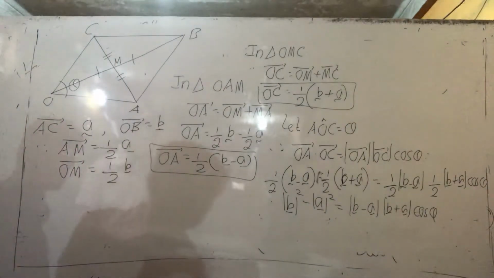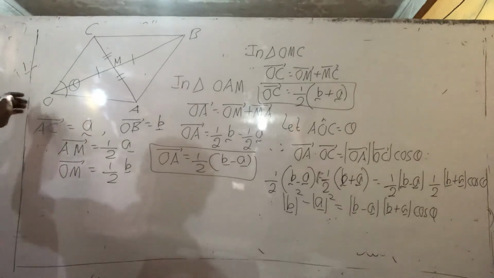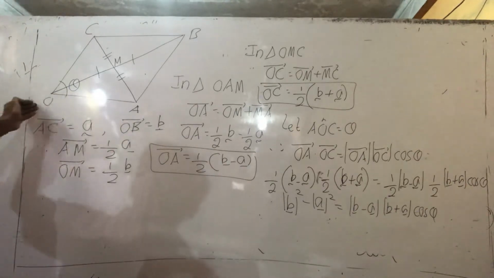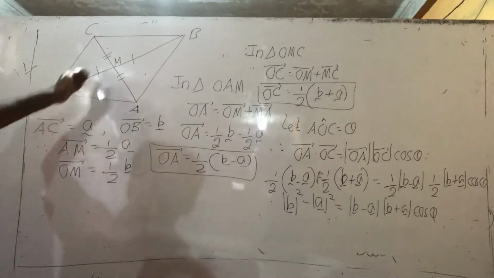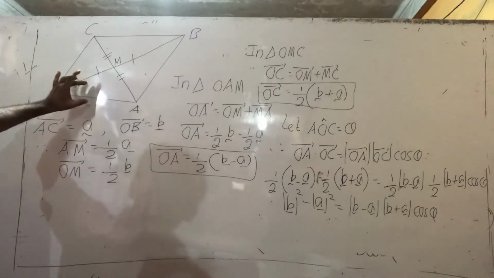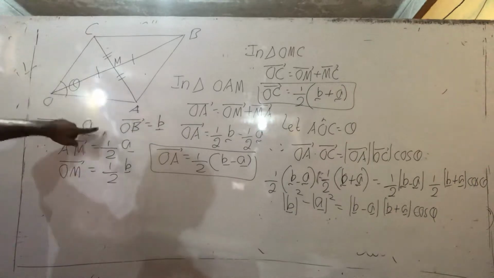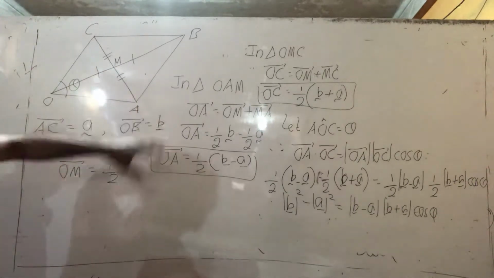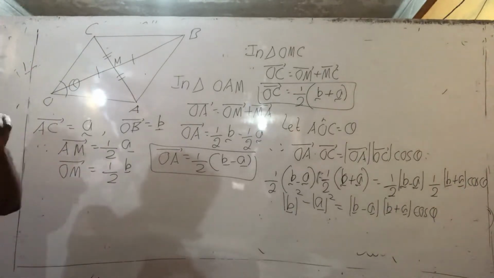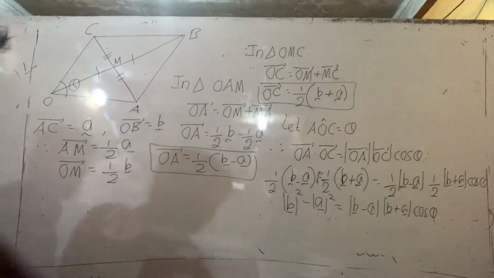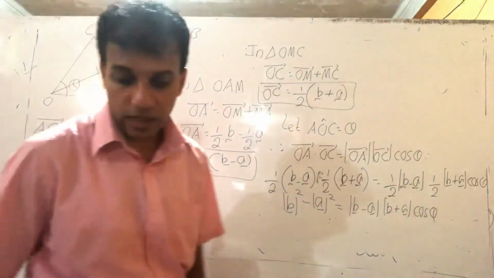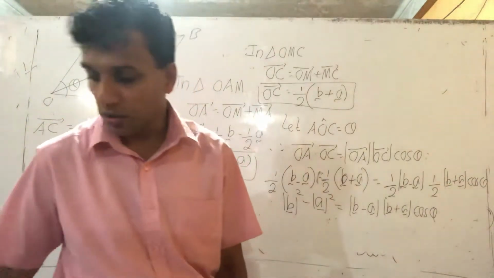Cos inverse, okay, that answer, right? Everything is okay. OA equal OM plus MA. OM is half B. MA, I said AC is the vector A. MA minus vector half A. Therefore, I took this A out and simplified. Make theta the subject. You have the answer cos inverse, right?